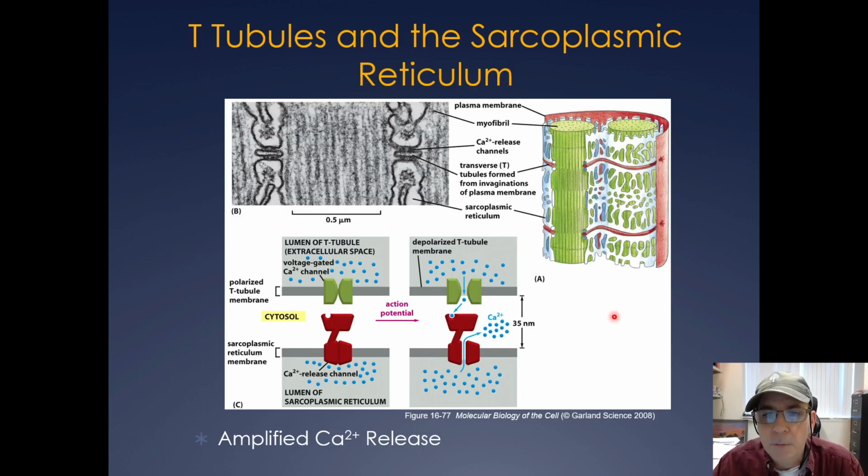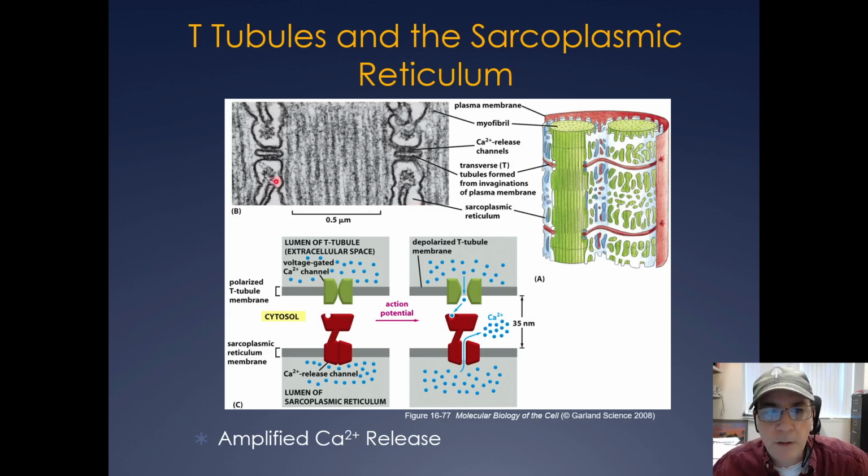Okay, so the muscle contractions are regulated by calcium release, and we'll see how that works. But calcium release starts when an action potential comes in contact with these transverse tubules, or T-tubules. Okay, and they are adjacent to the sarcoplasmic reticulum, which, like the endoplasmic reticulum, has large calcium stores in it.